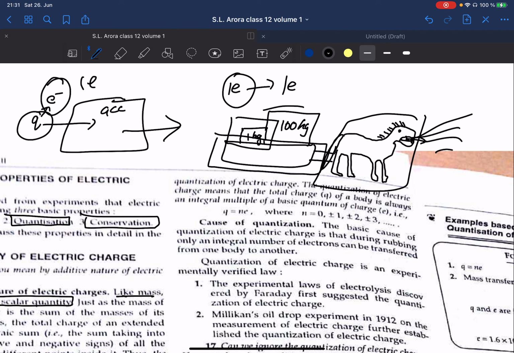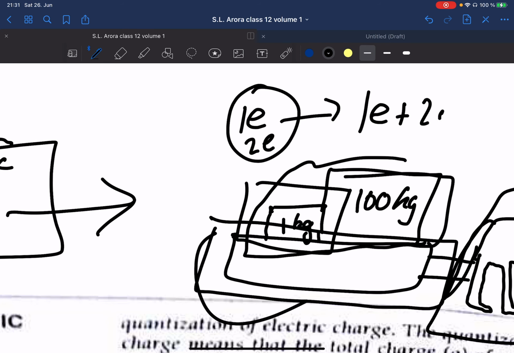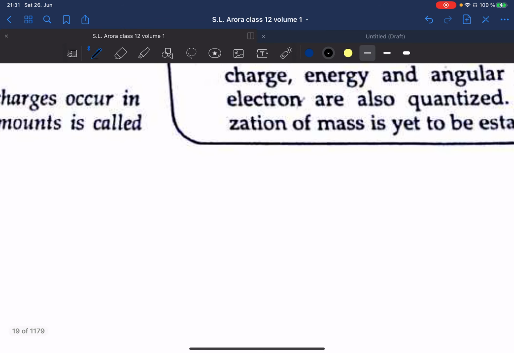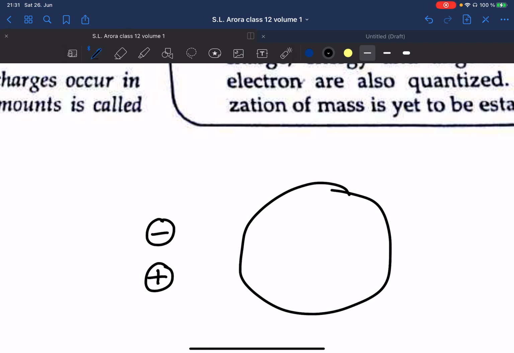So the total mass he has to carry is 101, both the load and the mass of the sledge. And the same is with the body. If we have 2e, the total charge will be 2e. If it has minus 1e and plus 2e, then the net charge will be 1e. Minus and plus indicate the behavior there. Say a body has plus 2e here and minus 2e here.